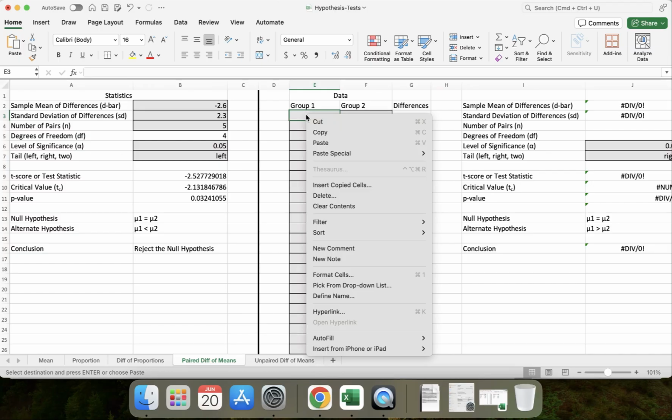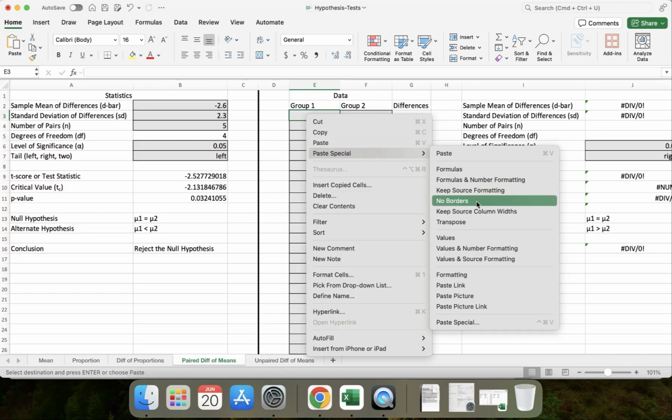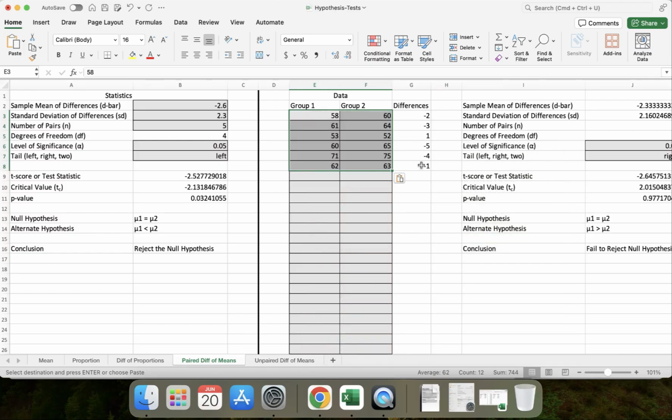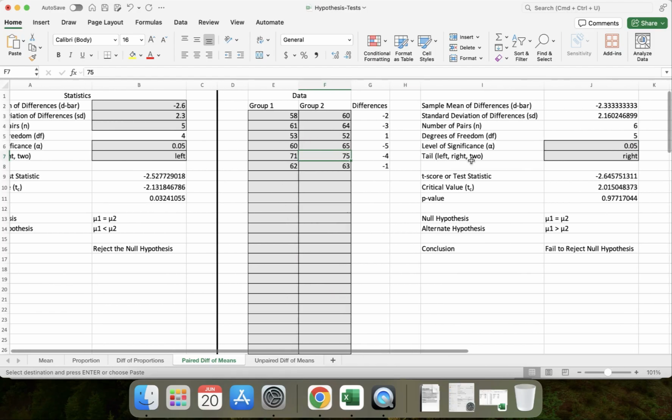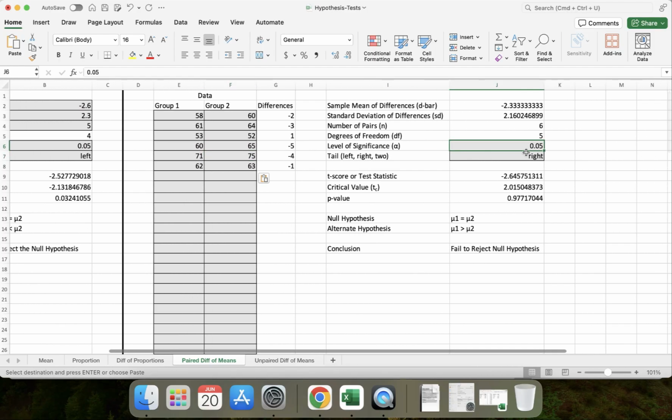Notice one thing with this situation is that you don't want to type the differences. It actually calculates the differences, so just let it do that calculation for us. It'll do the subtraction. And I just want to double check these look right. Yeah, those look good.